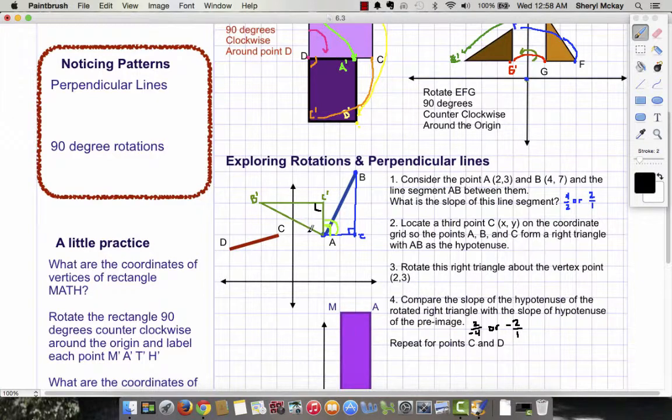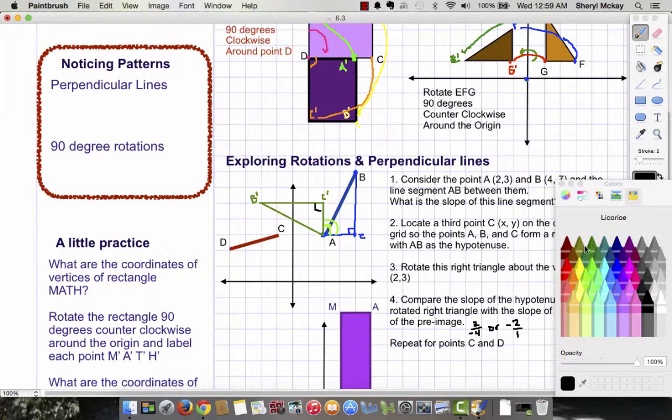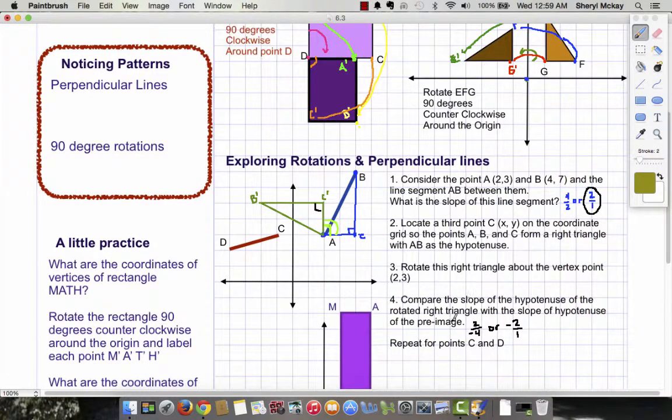Now I want us to think about the slope of my original pre-image, A, B, C, which had the slope of 2, right? And the slope of my new image, my rotated right triangle, A, B prime, C prime, the slope of its hypotenuse was... No, it wasn't -2.